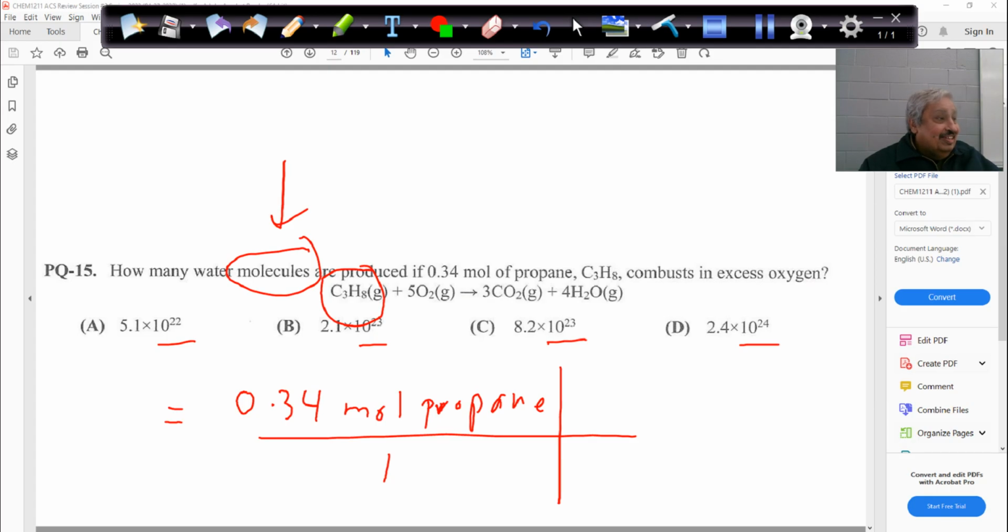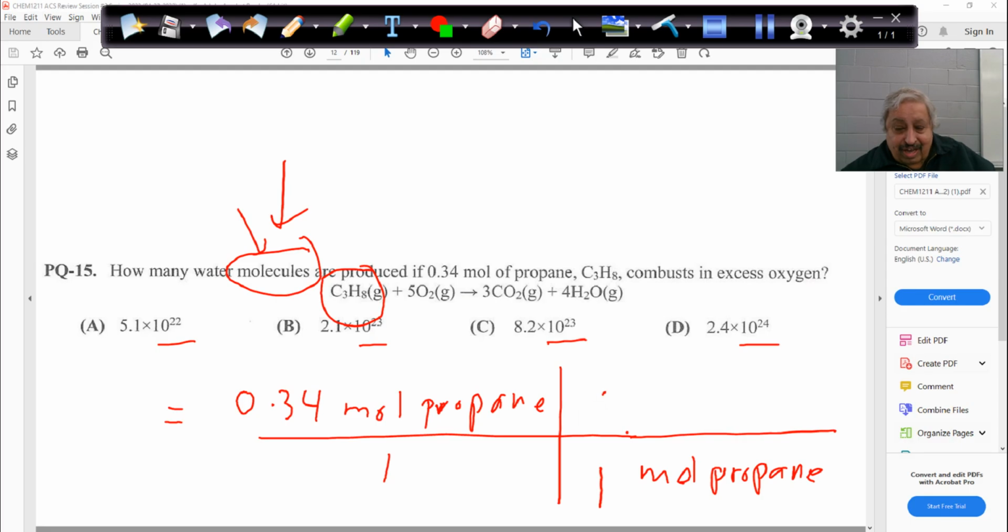I have to cancel the mole here, correct? The mole of propane here should be canceled out. Well, Avogadro said 1 mole, and I'm looking for molecules as a unit. So, Avogadro's number of propane molecules.